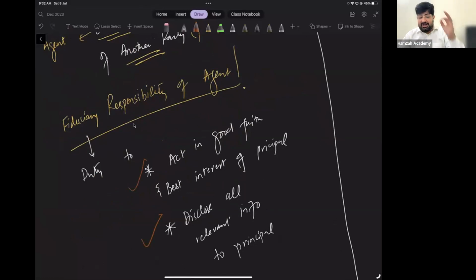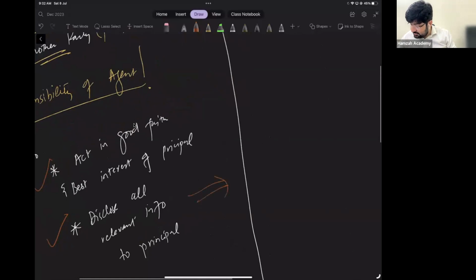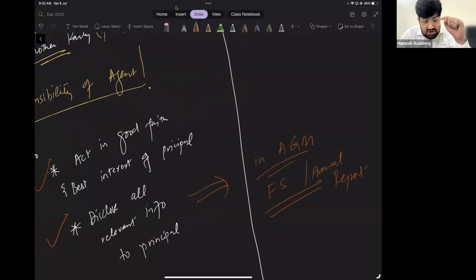And the directors should disclose all the information to the shareholders in the annual general meeting, in financial statements, the annual report. All necessary information directors should disclose there.